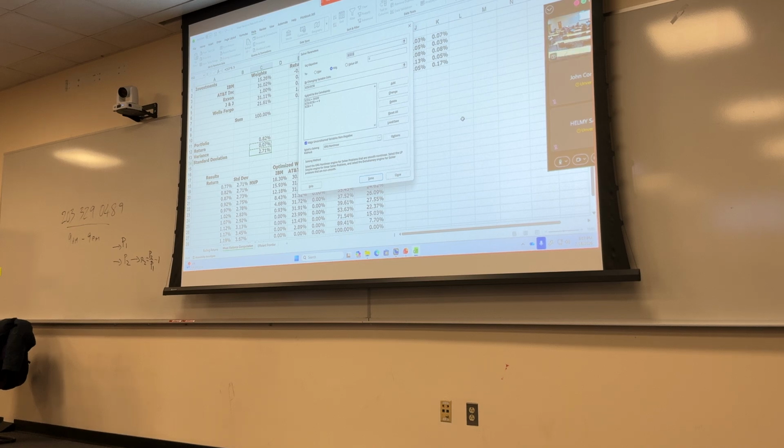And then, subject to constraints. Let's read it together, right? So first constraint is C12 equals A20. What in the world is that? So what is C12? Portfolio return. I want a particular value for the portfolio return.